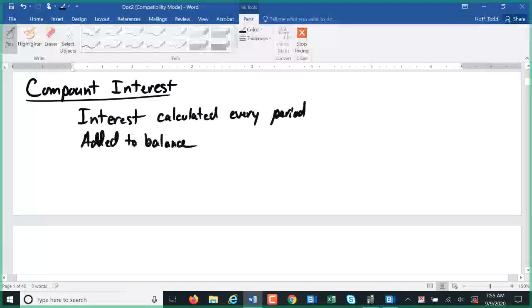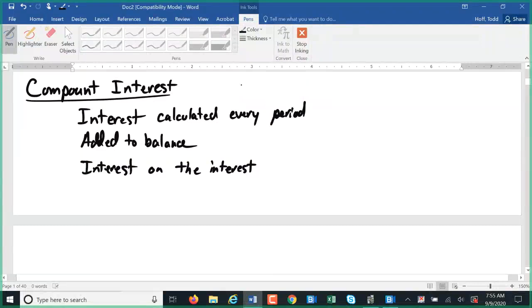And then after that, you get interest on the interest. That's why it's called compound interest: you get interest on the interest, compounded upon the interest.